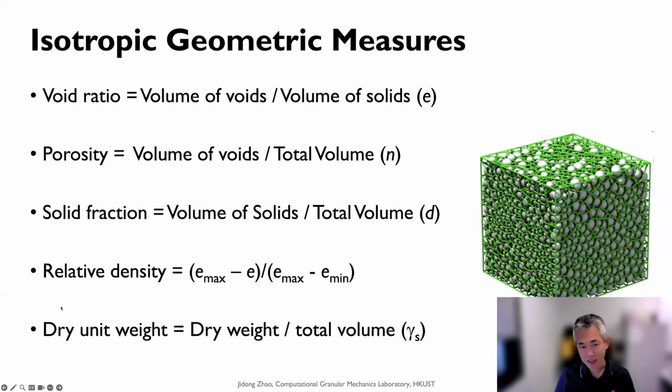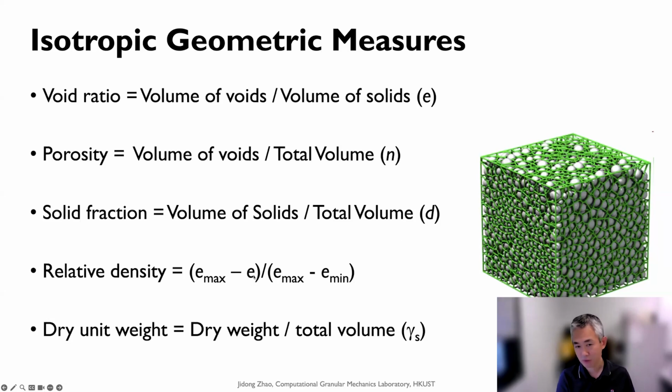And also in soil mechanics, we use another density, we call it relative density, defined in this way. For a certain solid, we can experimentally determine the loosest state, or e max, the maximum void ratio, and also the densest state, we call it e minimum, the minimum void ratio.